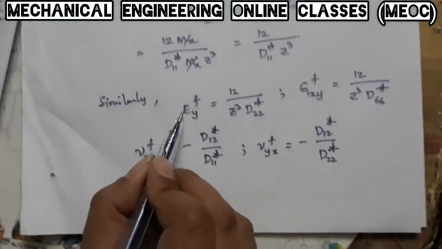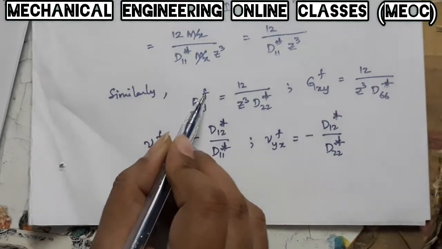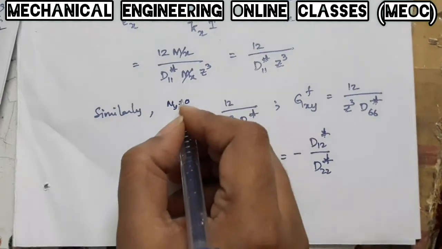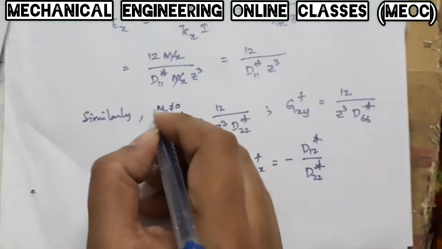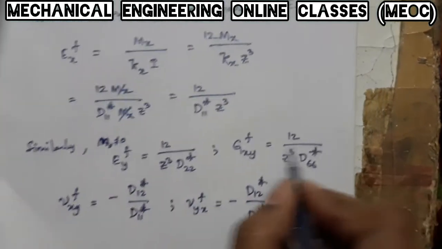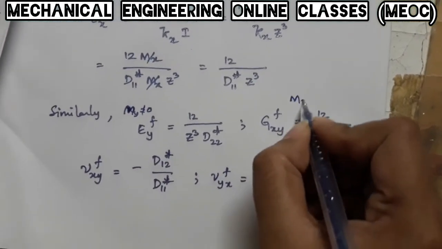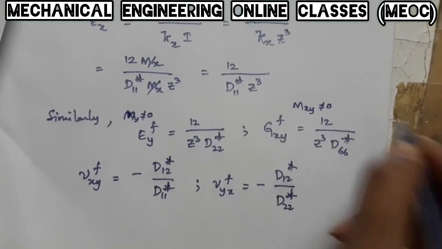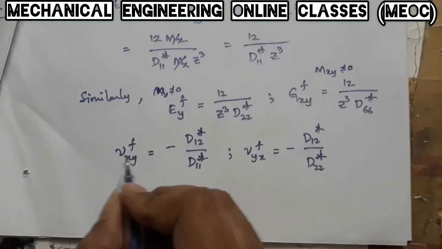So for finding out all these things, you have to perform similar tests like this. For example, if you want to find out EYF, you have to apply the load My not equal to 0 and all other loads equal to 0. And here you have to apply the load Mxy not equal to 0 and all others equal to 0. And this we already know.